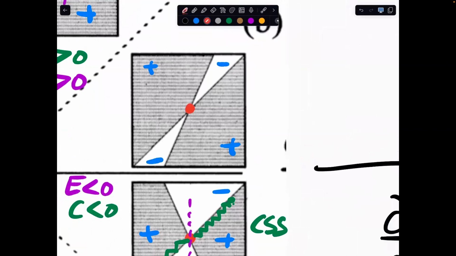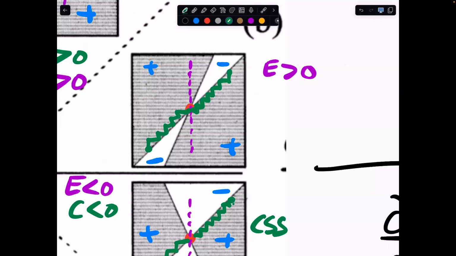So my singular strategy here, is it evolutionarily stable or evolutionarily unstable? E is positive. Is it convergence stable or convergence unstable? Convergence stable. So if I start here, I'll move towards it. Likewise, I converge towards it here.